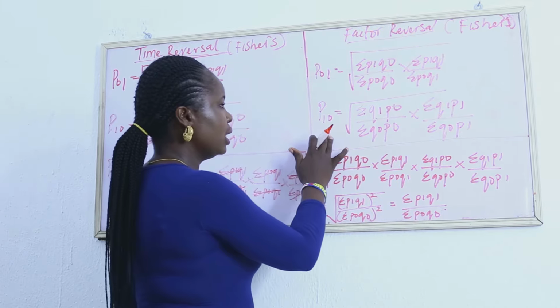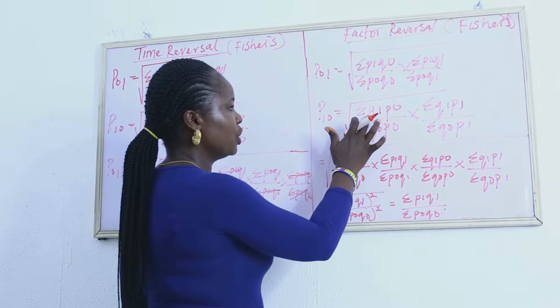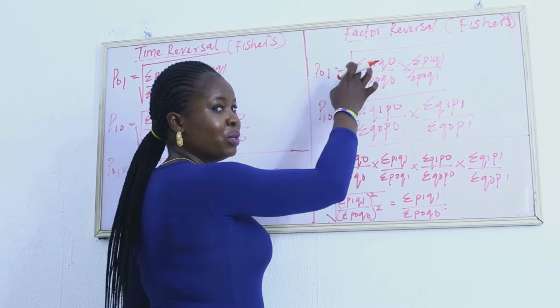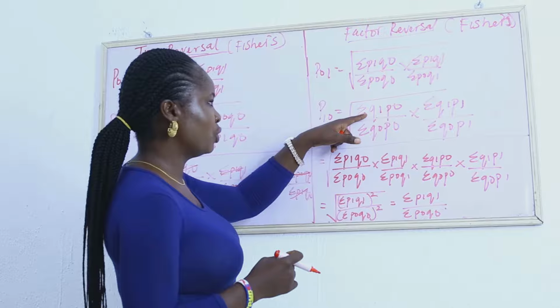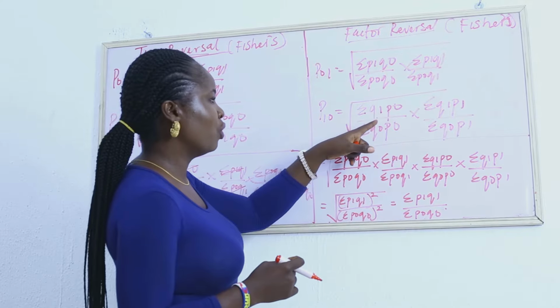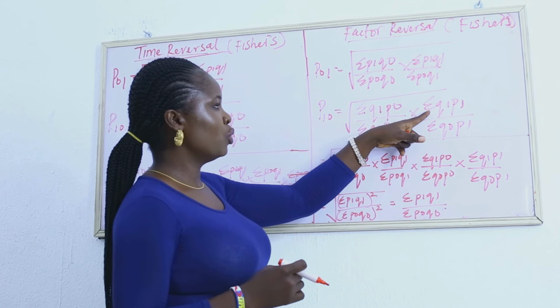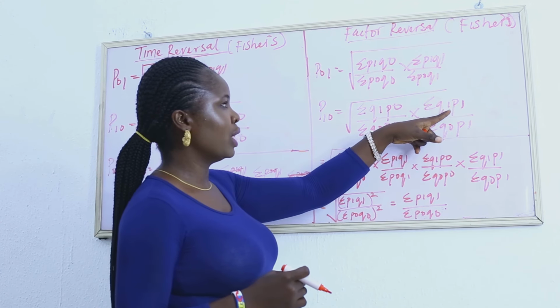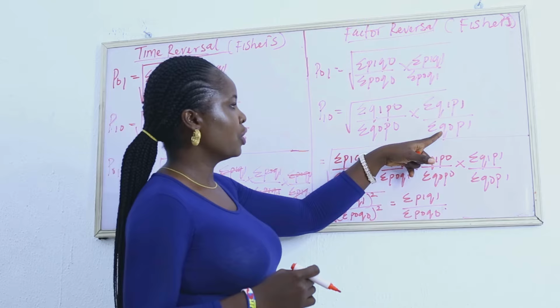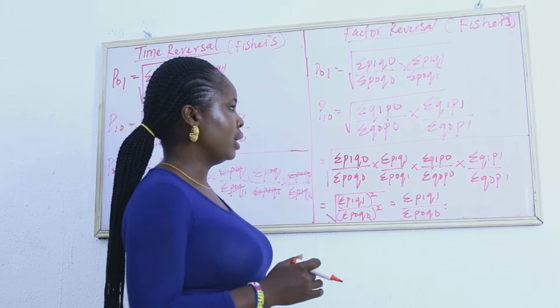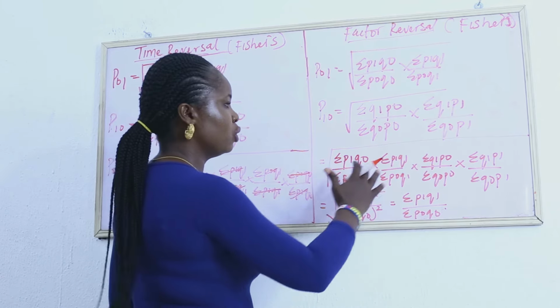Then the next one says summation of Q1 P0, since anywhere we see P we are changing it to Q, all over summation of Q0 P0, times summation of Q1 P1 all over summation of Q0 P1. Then we bring everything back into the square root.